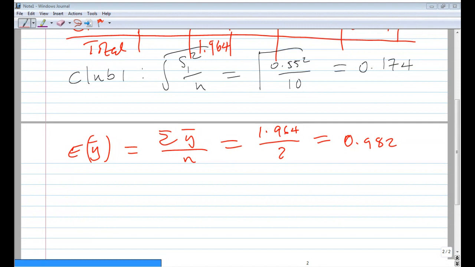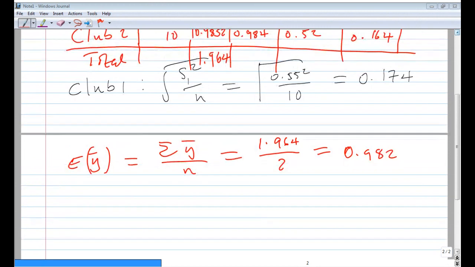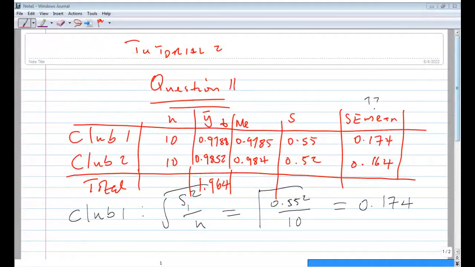Now, I want you to find the sampling error. Is there anyone who can find a sampling error for us? I'm creating another column here, the last column. This is the sampling error.